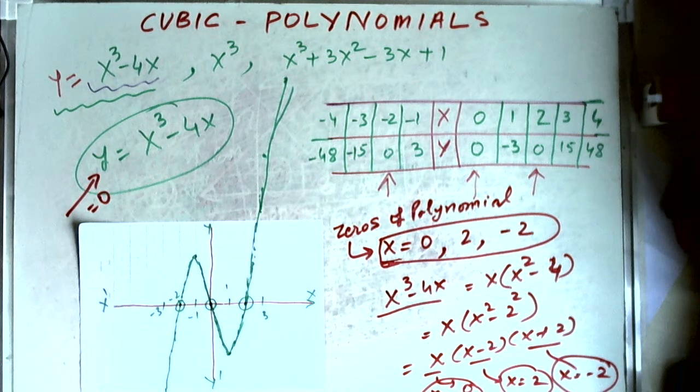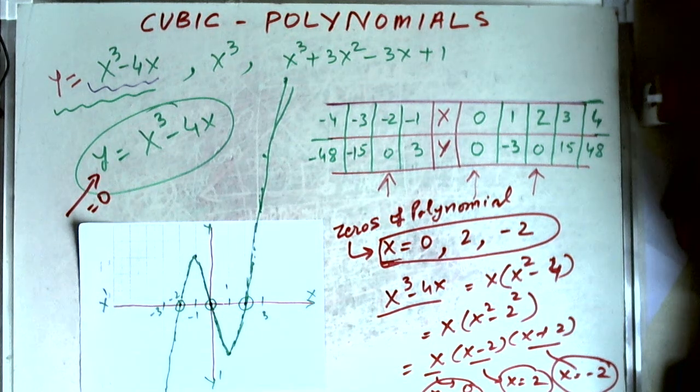So what we understand so far about the cubic polynomial is that it has a maximum degree of 3, and we can draw the graph by first making a table and substituting values of x incrementally on both sides. Wherever the graph cuts the x-axis, those are the zeros of the polynomial. A cubic polynomial can have 1 zero, or 2 zeros, or 3 zeros, and maximum it will have 3 zeros.